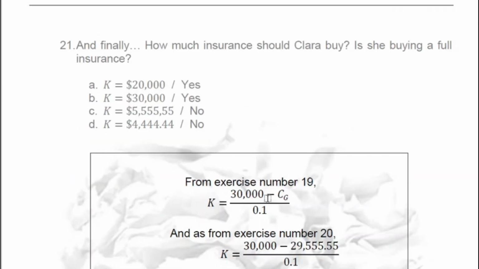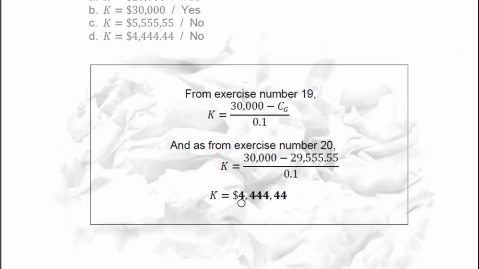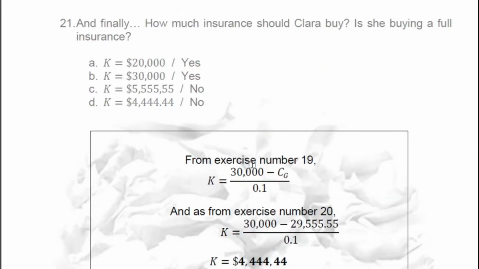Then we go to these equations where we had isolated K in exercise number 19, and for example from this one we substitute CG and we get $4,444.44. So this is the quantity she will insure.